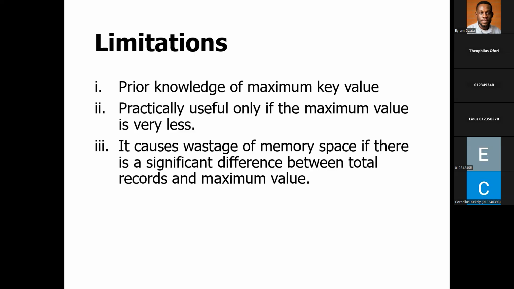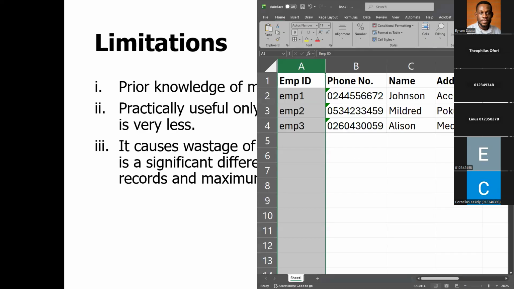which is a lot. So if you want to consider the maximum value, that means, for instance, when you even have to perform a sort of the telephone numbers, you are taking them as actual numbers and you want to sort them. For instance, let me just go back to this Excel.